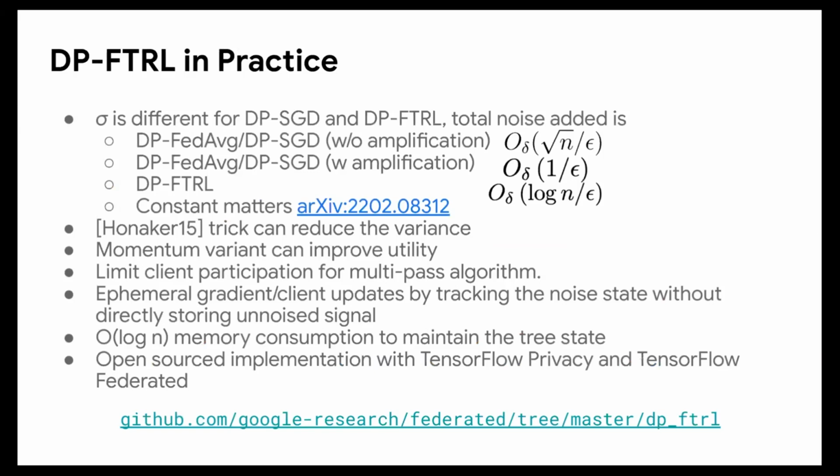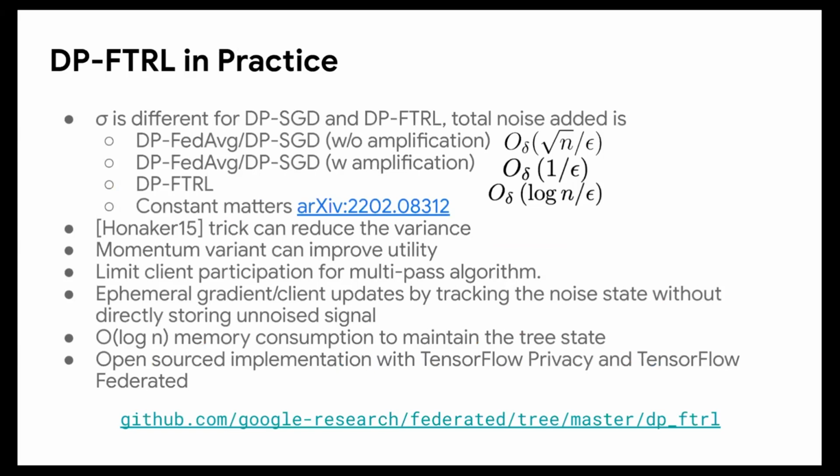With amplification, it's a constant 1 over epsilon, and DP-FTRL gives us log n over epsilon. Note that all this ignores the constants. So the constants also matter in practice. There is some follow-up work from my colleagues that can further improve DP-FTRL for these constants.